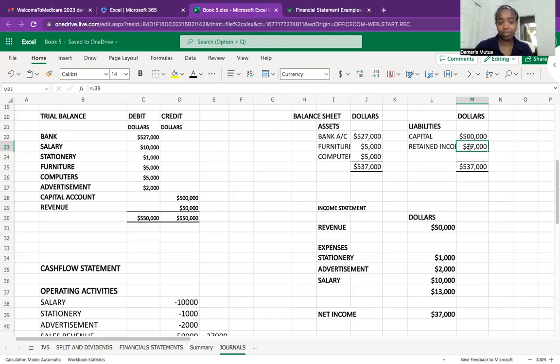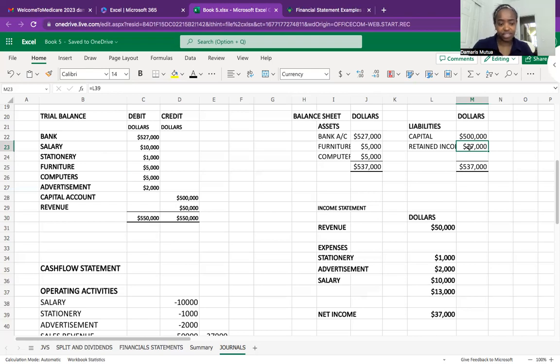So the trial balance is like the source document. It gives you all the transaction listing of the month, the GL balances and their ending balances. Then from there, you're able to come up with your balance sheet and your income statement. Then from your balance sheet and your income statement, you come up with your cash flow statement.